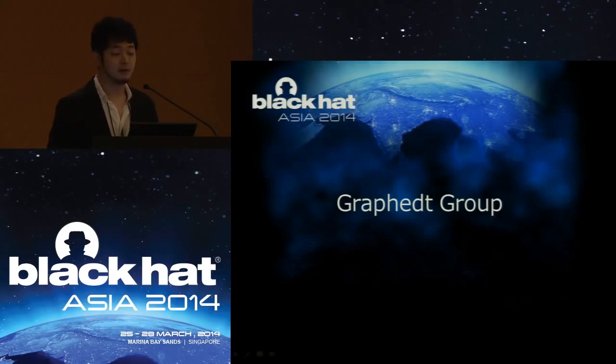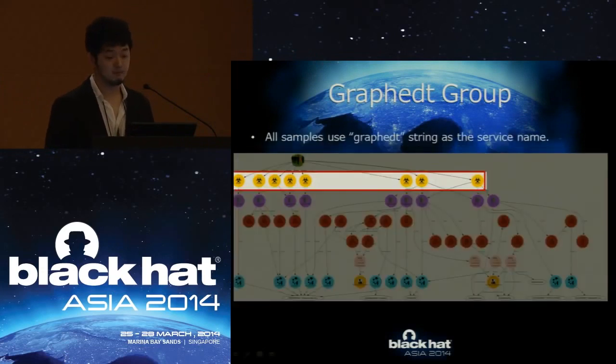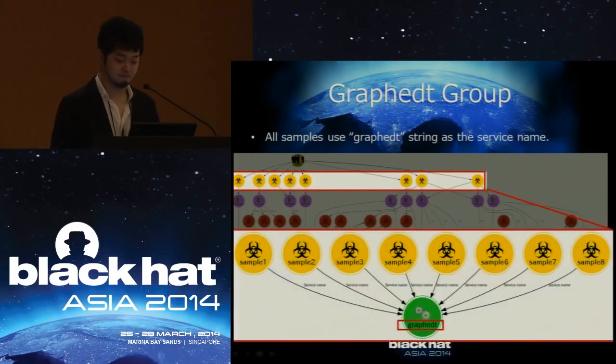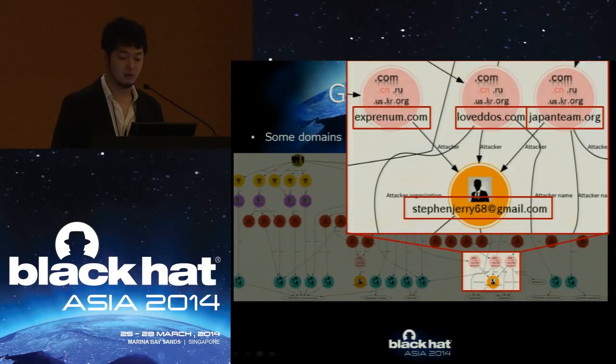Next, GraphEdit group. This is the overview of the GraphEdit group. All samples use the GraphEdit string as the service name, like this. Some domains are managed by the same owner, stefanjerry68@gmail.com, who owns these domains.